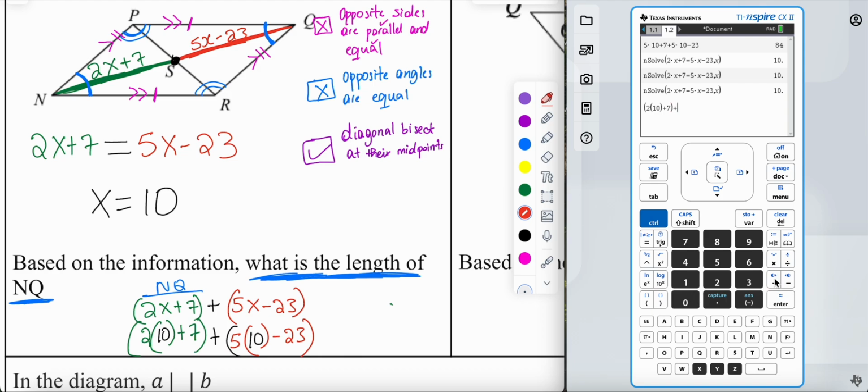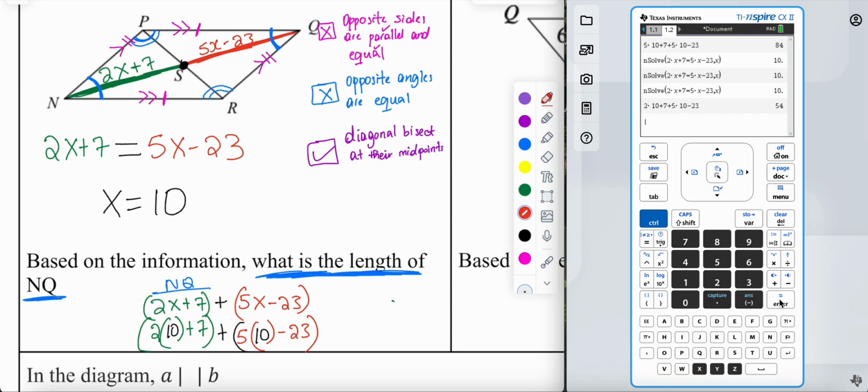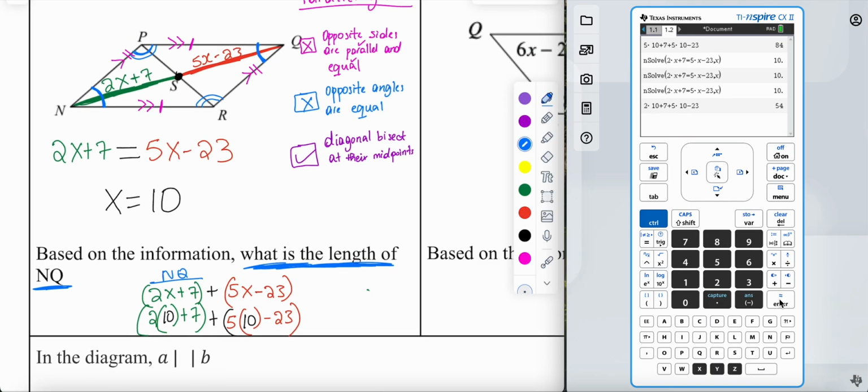Then plus, open parentheses, 5, parentheses, x is 10, close parentheses, minus 23, and then close that big parentheses, enter. So we have the length of NQ to be equal to 54. NQ is equal to 54. And that is how we solve this one.